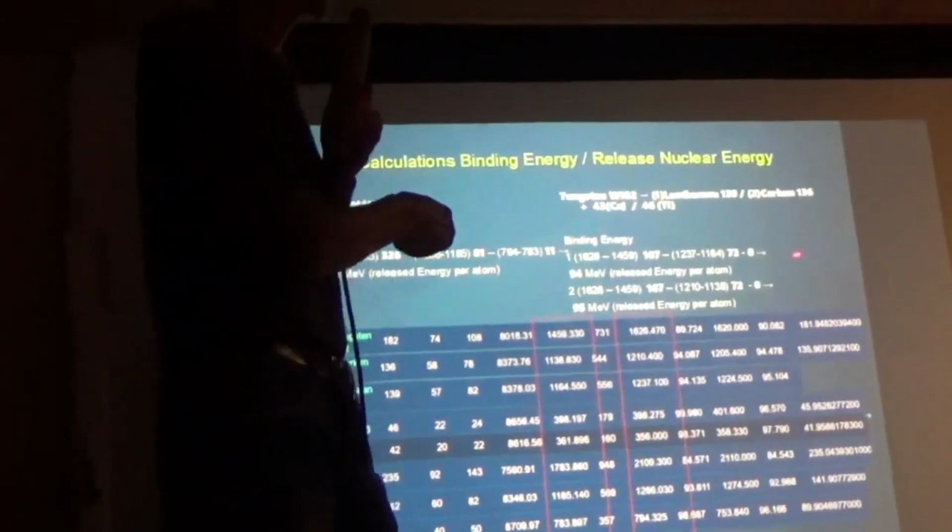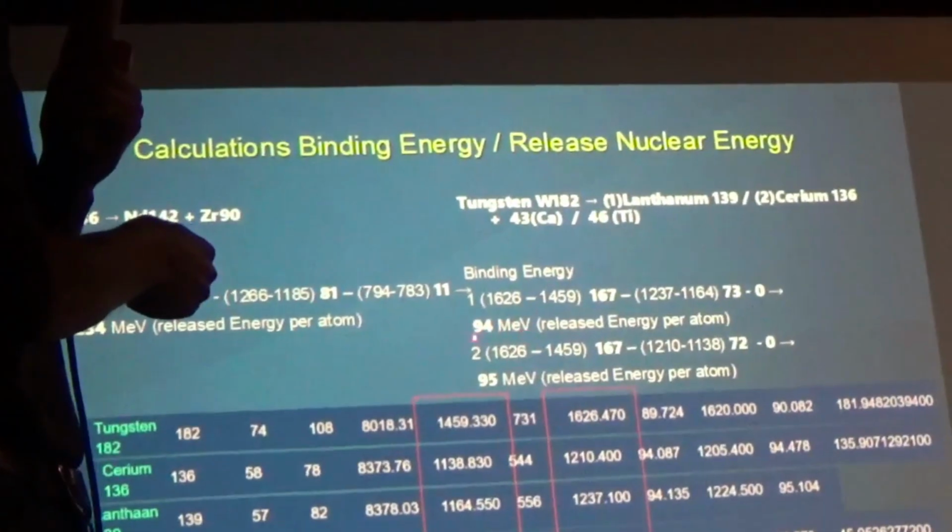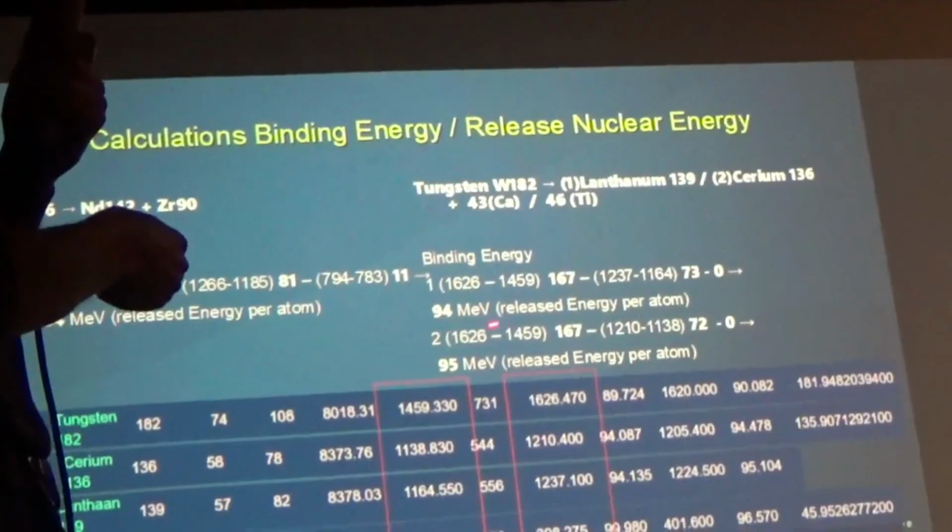It's a rebalancing, a reorganizing. So, we believe that if you were able to do this, you could potentially have stable elements, stable fission as well, and release energy. And that would be a very, very important thing.